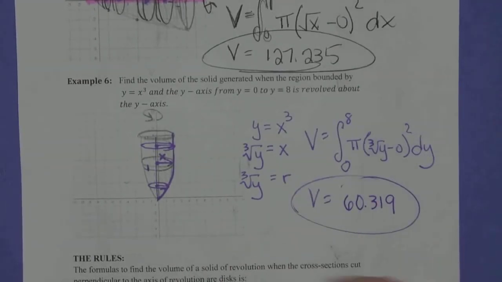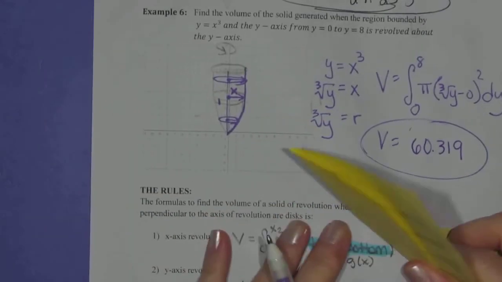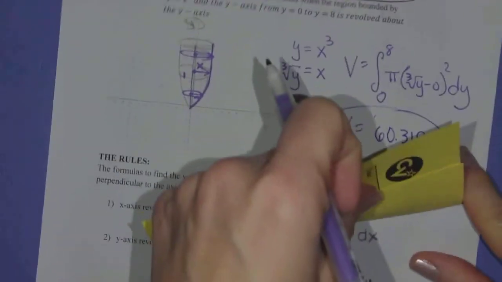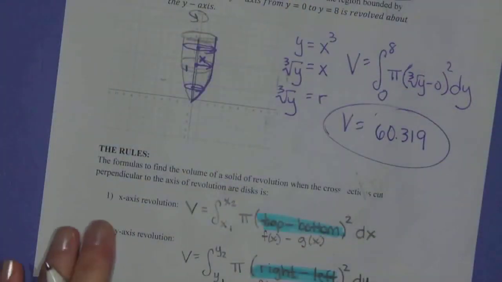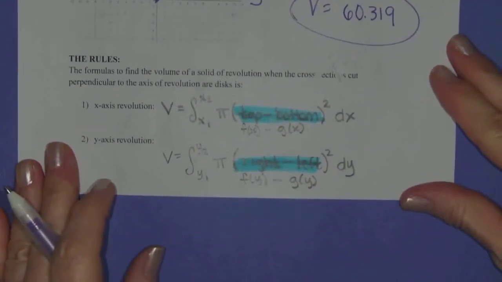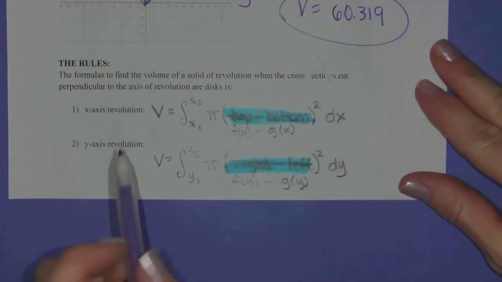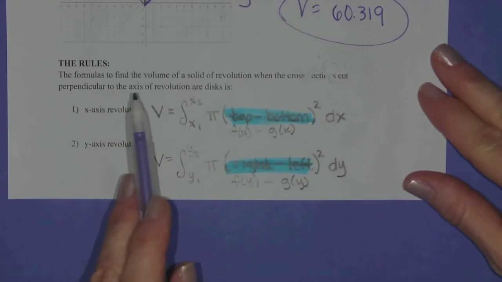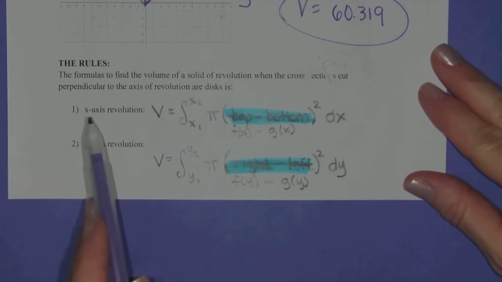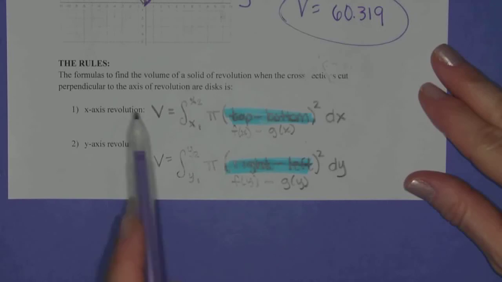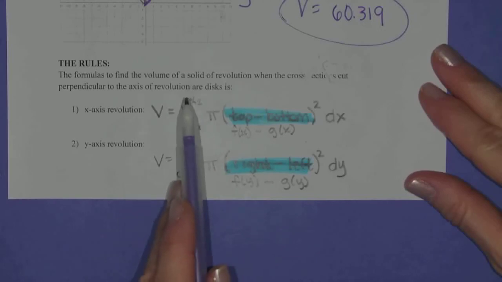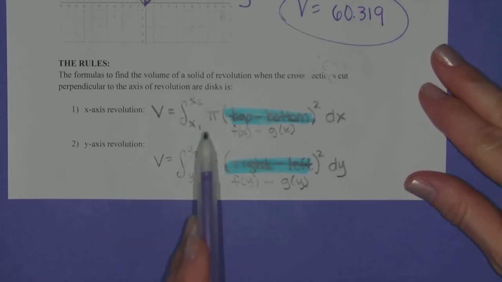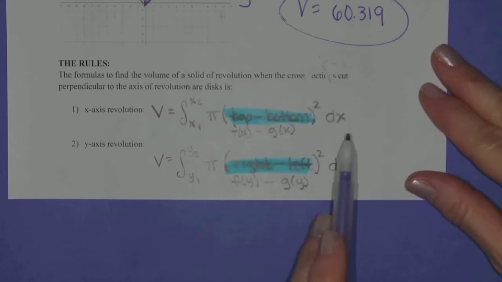All right. Last but not least, the bottom, just want to talk to you about the rules, and you can just pause the video to write these down. I've just sort of summarized it. So if you can see there, when finding volume, when making your cut perpendicular to the axis you're spinning around, here it is. If you're spinning around the x-axis, your volume is simply the definite integral from the two x values that bound the region of pi r squared dx.